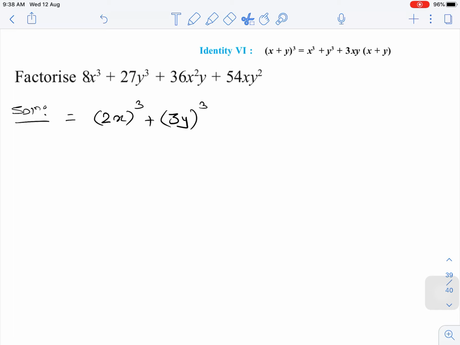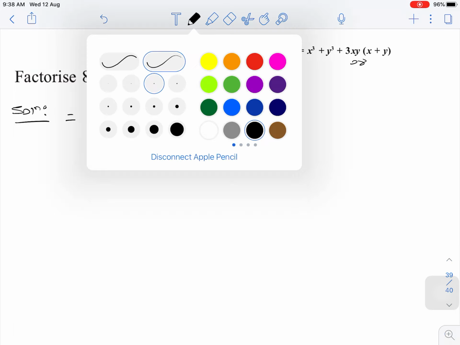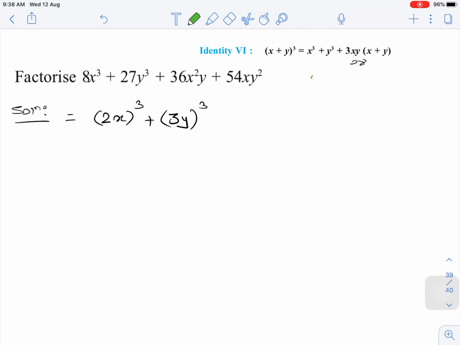Now what it should be further? Now we either use this identity or further we write it as x cube plus y cube plus 3x square y plus 3xy square.